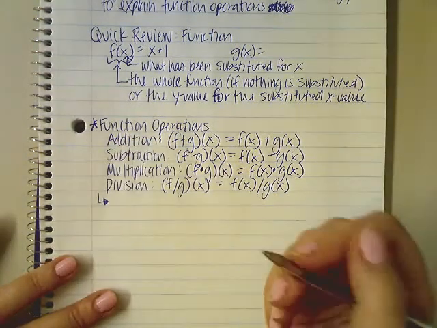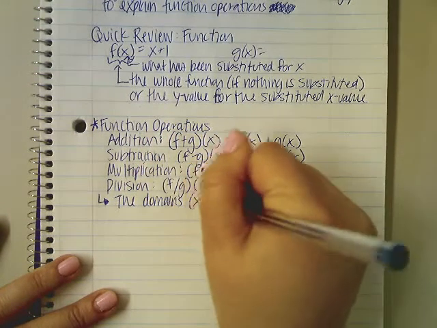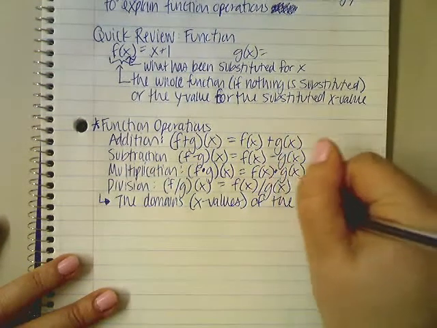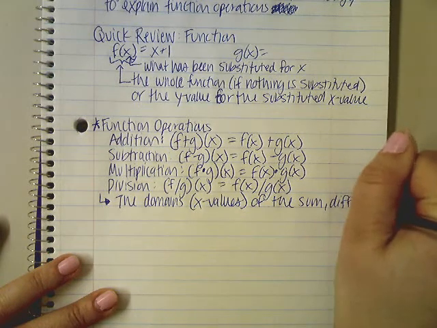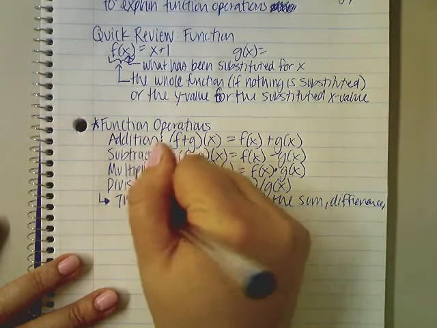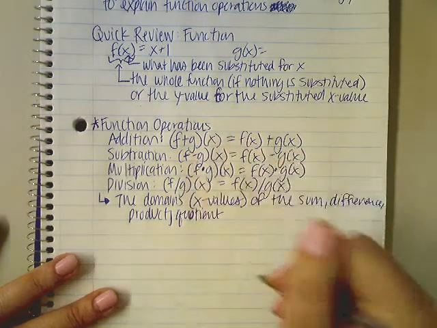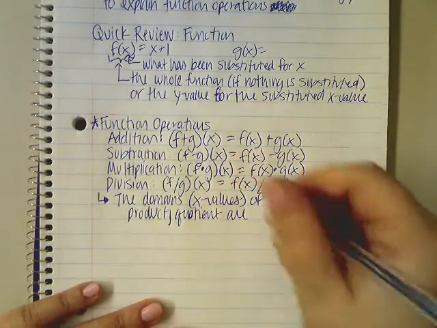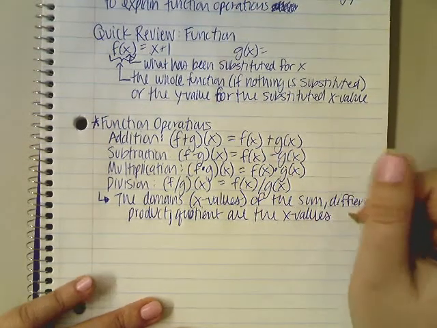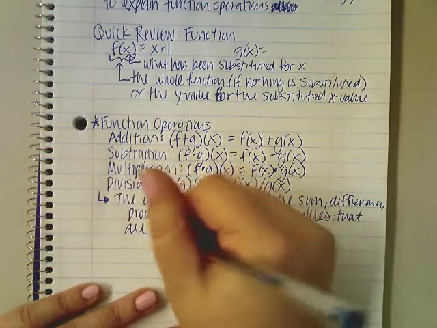So when we start focusing on the domains of these functions, this is a reminder: the domains, which are the x values of the sum, the difference, the product, or quotient, are the x values that work in both equations, or the x values that are in the domains of both functions.